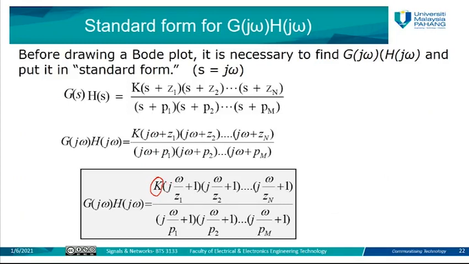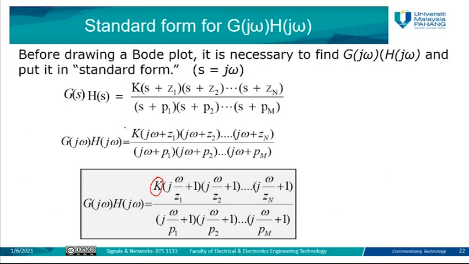Second, we separate each type of element and draw it alone. Then we combine our sketches into one sketch. But if we want to draw it using MATLAB, you just write two lines of code, and the Bode plot comes out as the output.